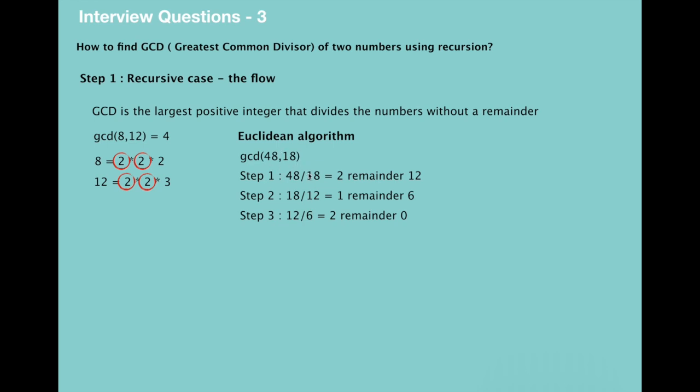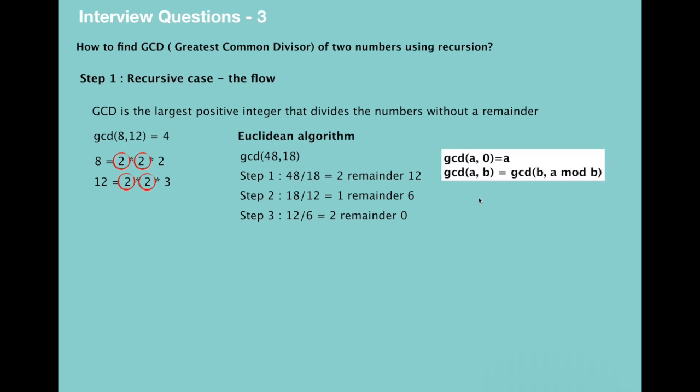As you see, we can see recursion here. Every time we are taking the second number and calling this function with it as the first number, then taking the remainder as the second number. So by taking these steps into account, we can write our GCD function like this.